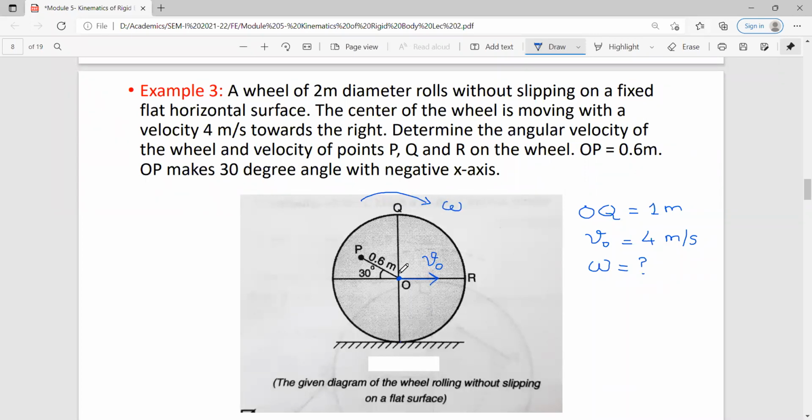Point P is at a distance of 0.6 meter, and its radial line is inclined at 30 degree. Point Q here and R on the wheel. So we also need to find velocity of point P, velocity of point Q, and velocity of R.